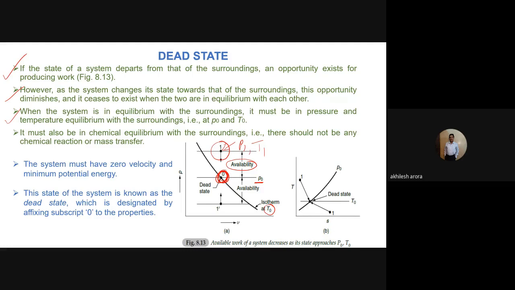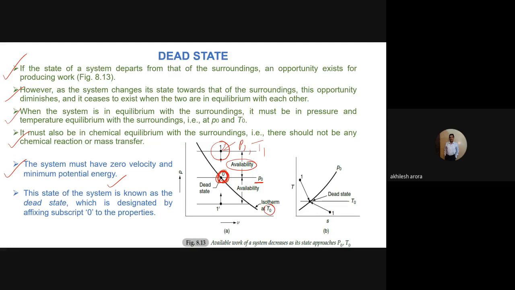Okay, then it is said that it must also be in chemical equilibrium with the surroundings, that is there should not be any chemical reaction or mass transfer. This is simple. And one more thing, the system must have zero velocity and minimum potential energy. These are the other two requirements to get the maximum work output. That means initially if the system has certain velocity, that kinetic energy should also be converted to work.